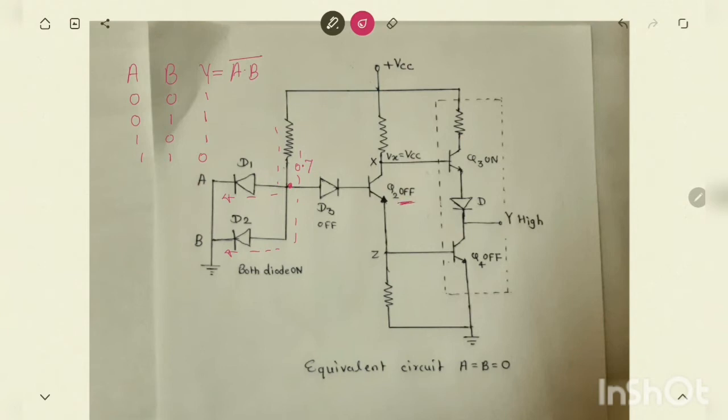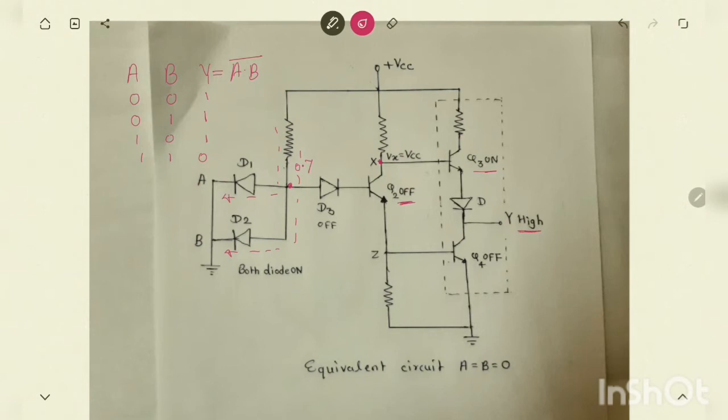As transistor Q2 is off, the voltage at point X is equal to VCC. This voltage is applied to transistor Q3, therefore Q3 becomes on. As Q3 becomes on, we get Y, that is the output, equal to high.